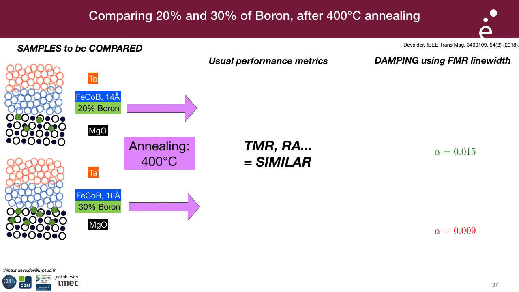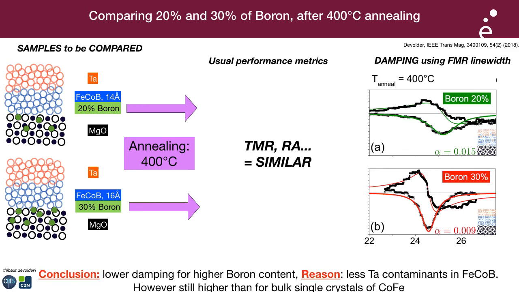If you look at the usual performance metrics, tunnel magnetoresistance, RA product, these two samples with 20% of boron and 30% of boron are very comparable. But if in contrast you look at the damping, so you look in practice at the line widths of ferromagnetic resonance, you immediately see that it's much more narrow for 30% of boron than for 20% of boron.